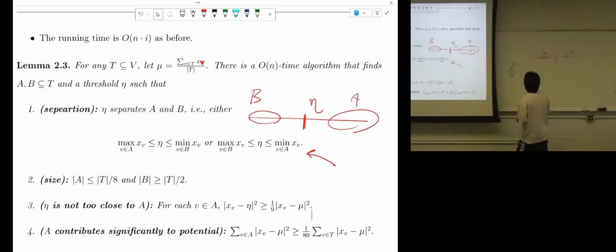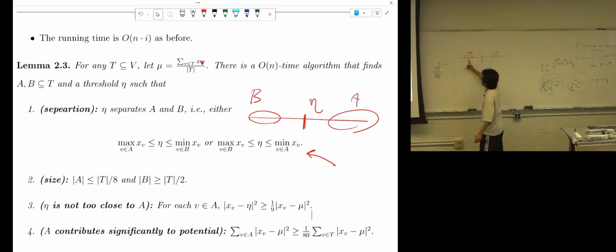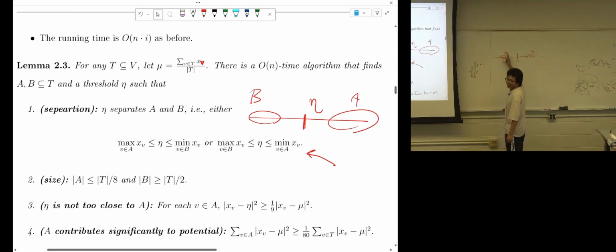And what you do with A, you don't want A to be t over 2. You would just take t over 8 that is furthest away. Why is that?